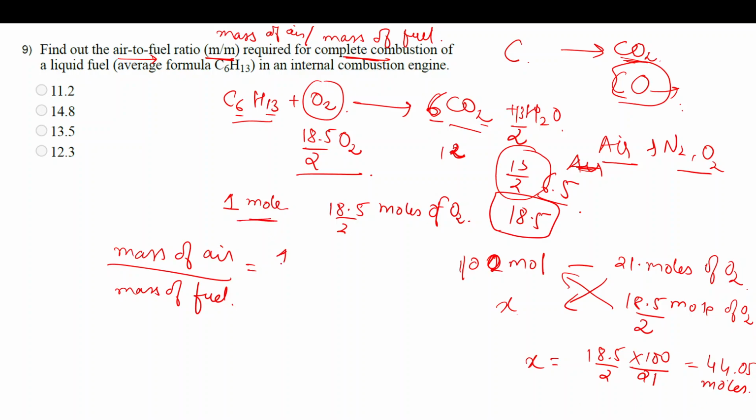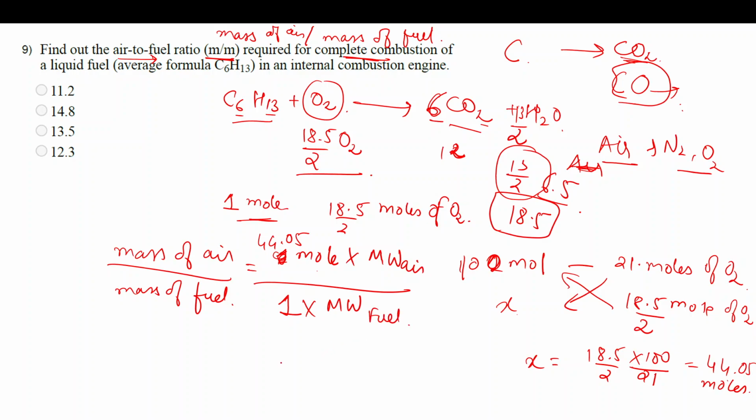So mass equals moles into molecular weight. So it is 44.05 moles of air into its molecular weight, divided by 1 mole of fuel into the molecular weight of fuel.